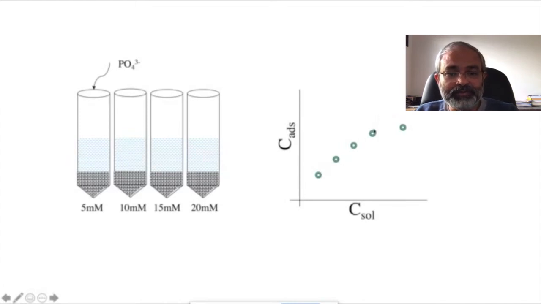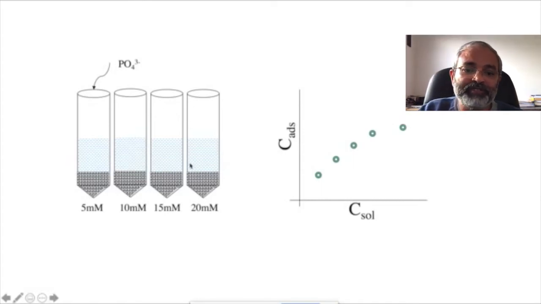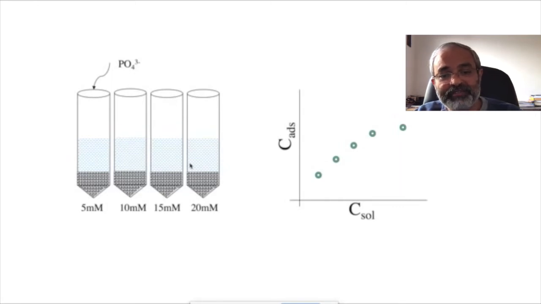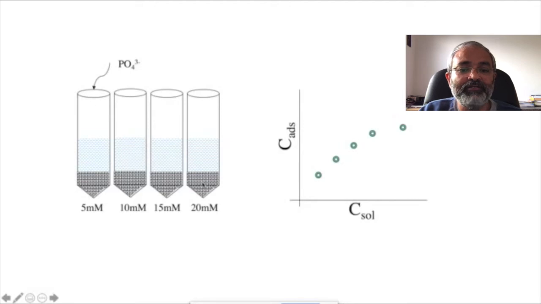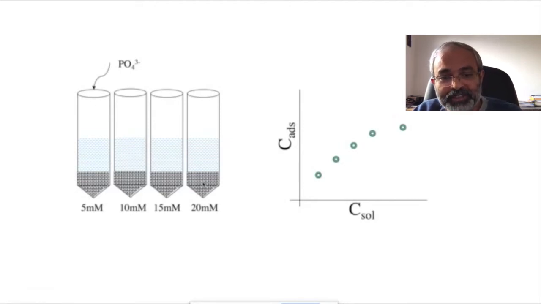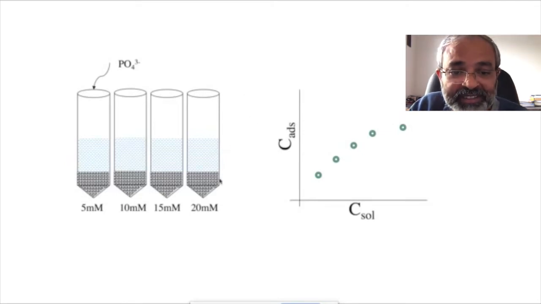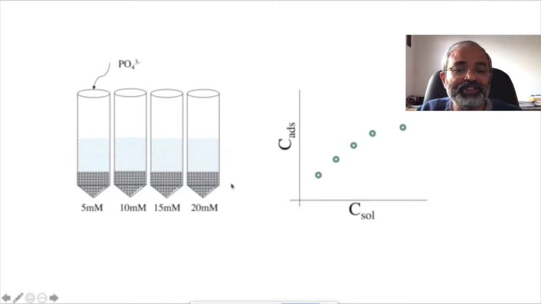Now, these batch experiments are easy to perform and they are fairly quick to perform. So that's the advantage of these batch experiments. But there's also a problem with these batch experiments, because once you add the solution and mix it with your soils or sediments, there are byproducts that are being produced within the vial because of reactions taking place, and the products of those bioreactions can actually compete with the adsorption of phosphate.